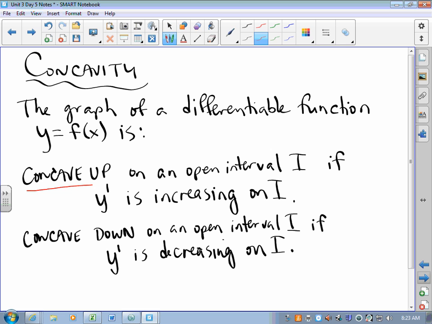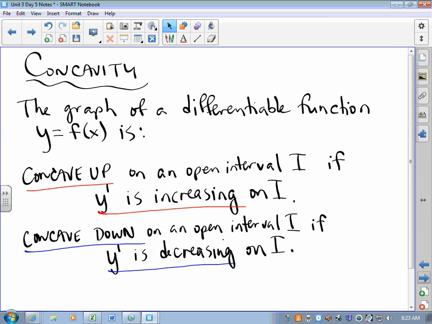We're concave up if y prime is increasing. We're concave down if y prime is decreasing. As a follow-up, what do I know? If a function is increasing, its derivative is positive. So if y prime is increasing, y double prime is positive.